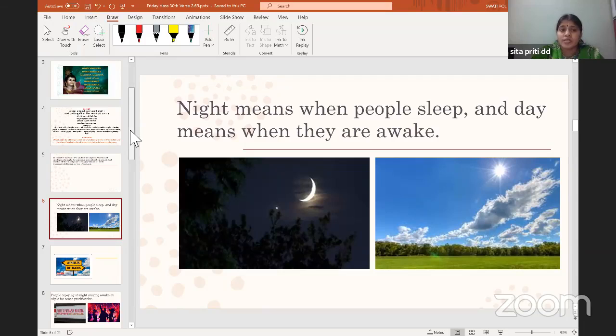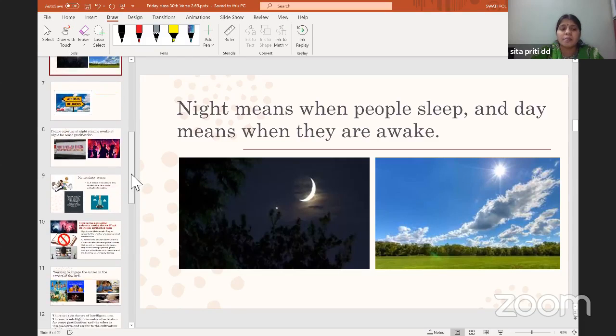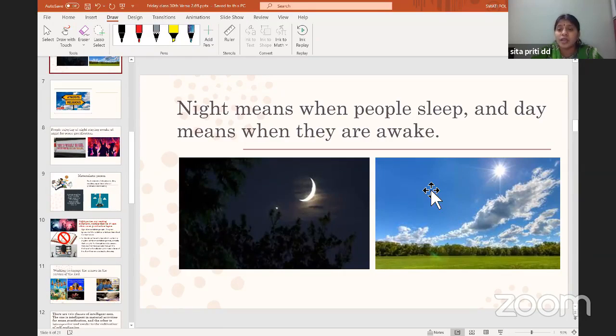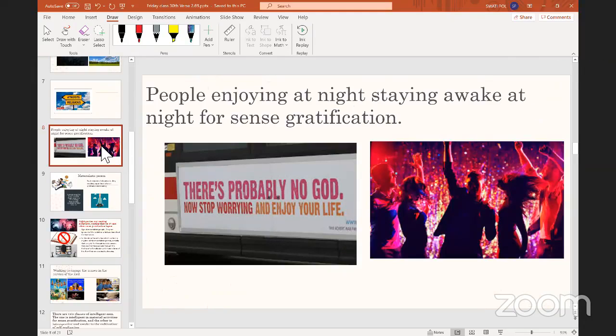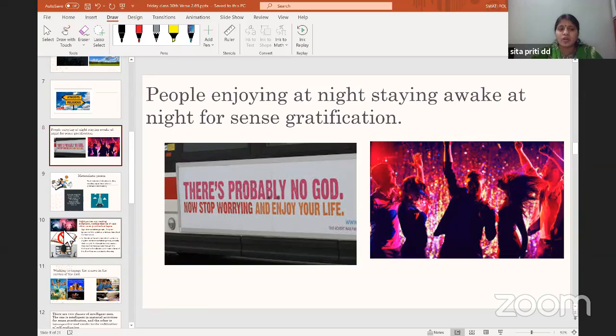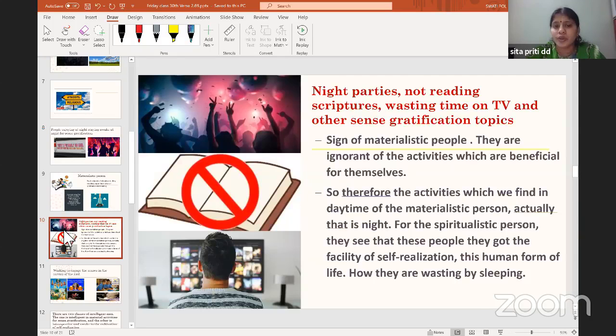That means they are always happy, and it is compared to being awake in the daytime. And these materialistic people, if they have something, they want some more, they want some more, and they are never happy. Because they are never happy, they are always sad and they go into darkness.